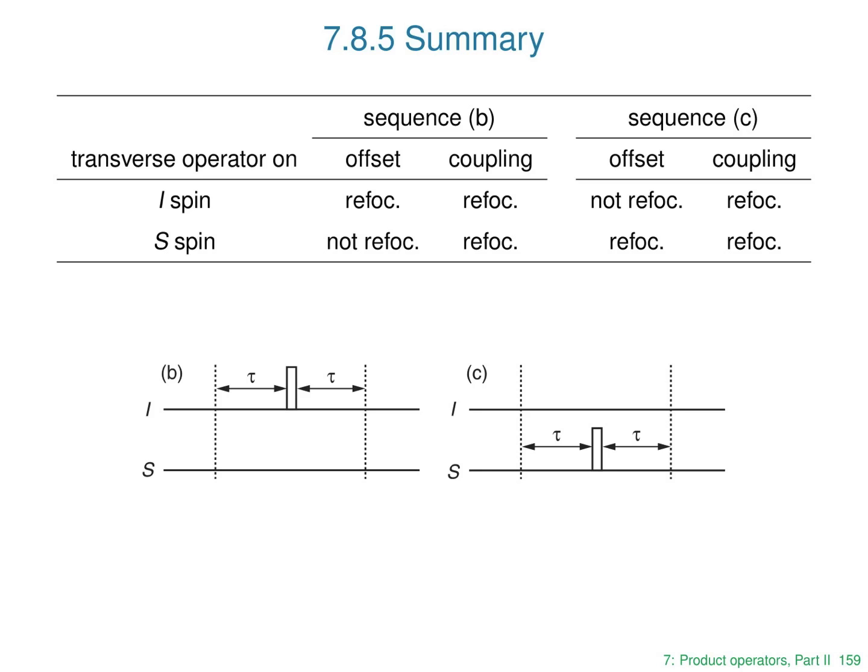If, on the other hand, you wanted the coupling to evolve, you could just put a 180-degree pulse on both spins. That's really the origin of the great flexibility with these spin echoes, and we'll see how this plays out when we start looking at multiple pulse sequences, and in particular in two-dimensional NMR.